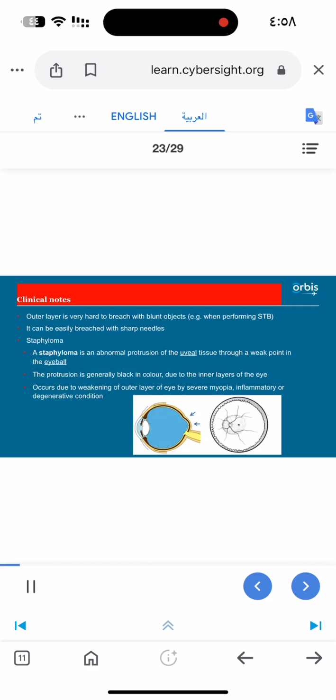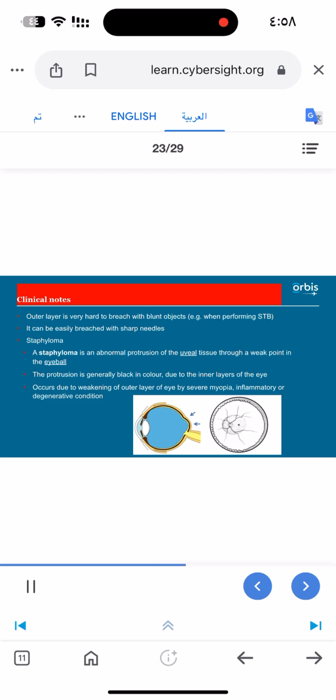The outer layer of the eye is very hard to breach with blunt objects, but easy to penetrate with a sharp cutting needle, which is why globe perforation is a risk with sharp needle blocks, but not with subtenon blocks. A particular point to note with the outer surface of the eye is the presence of a staphyloma.